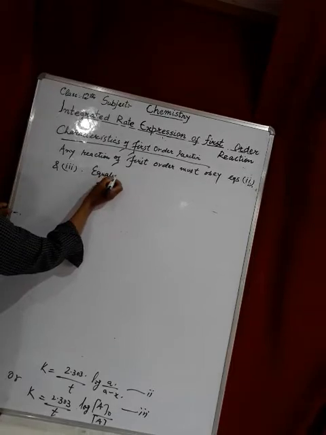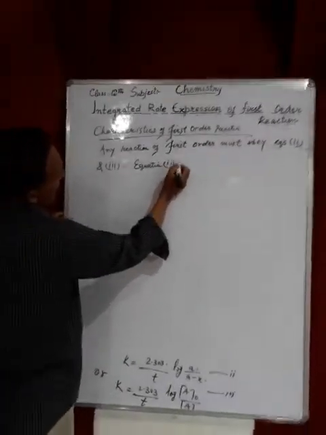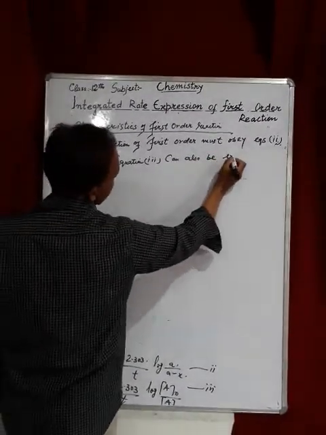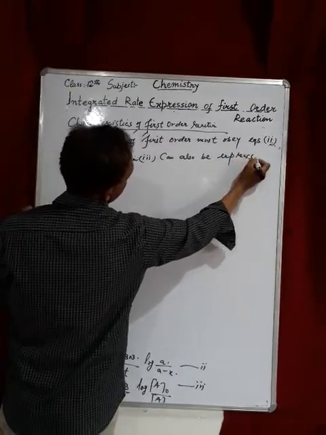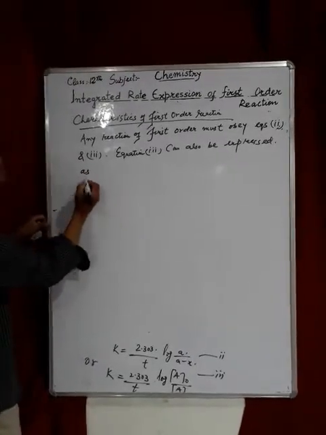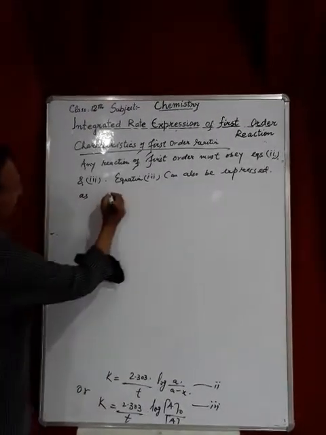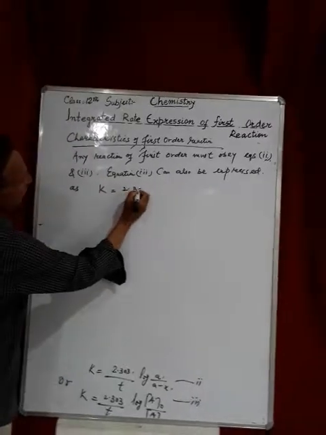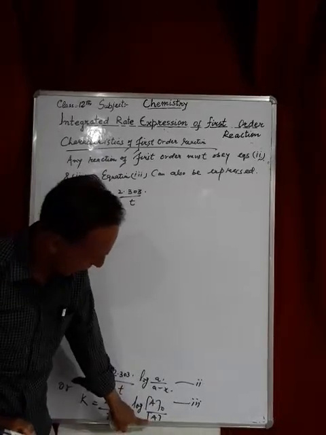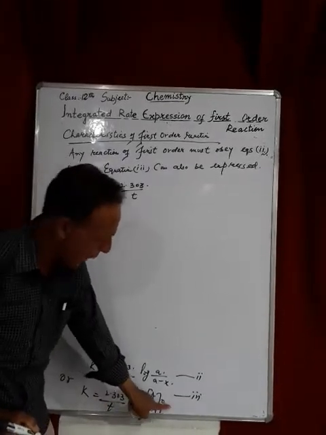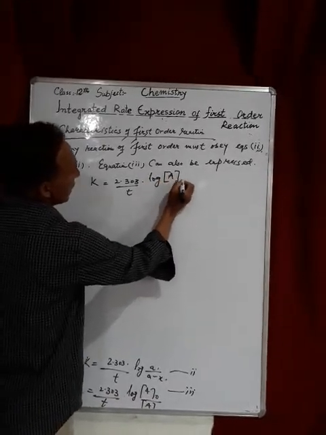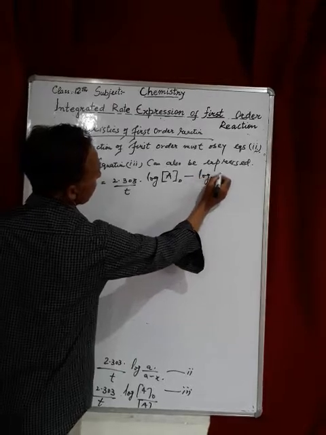Equation third can also be expressed as, so K is equal to 2.303 divided by t. Again, this is log of M divided by N, that is equal to log M minus log N. That is log of a naught minus log of a.